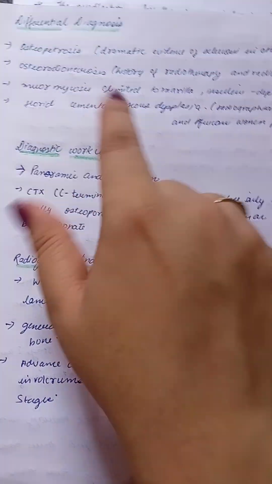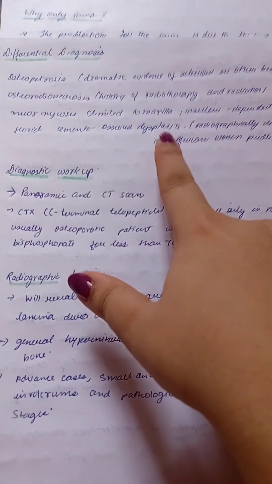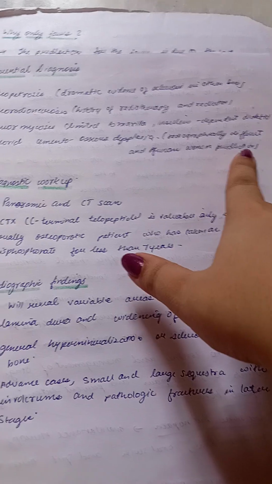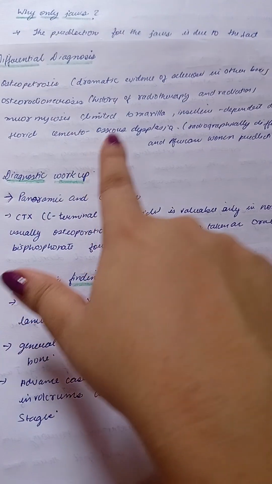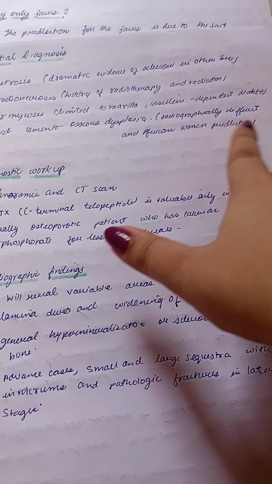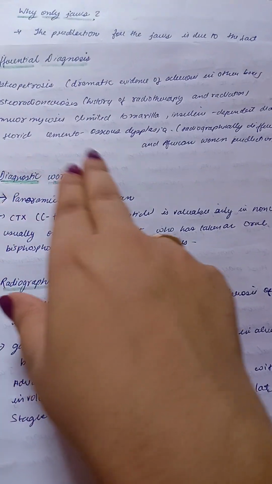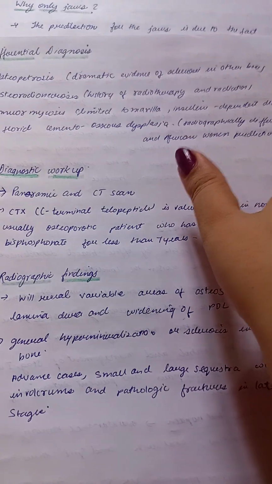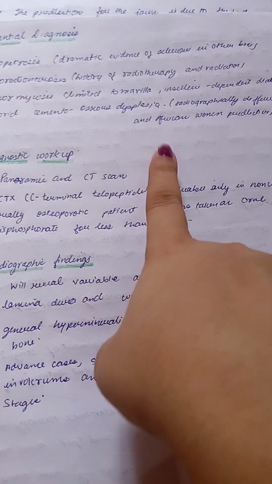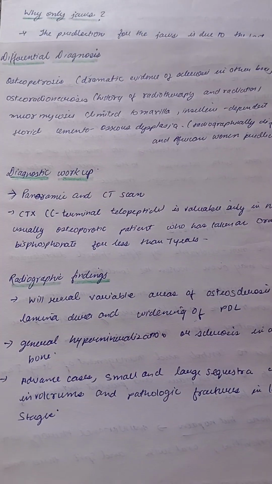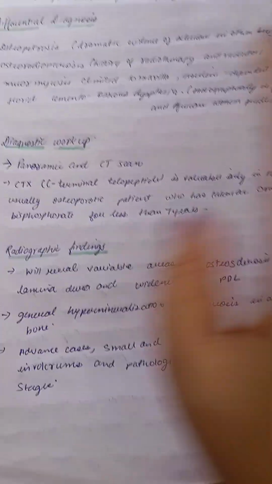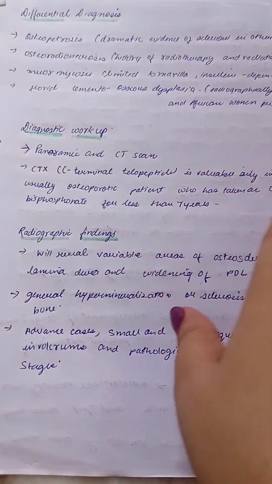By this. Okay, mucormycosis is limited to maxilla and insulin dependent diabetes. Now, florid cemento osseous dysplasia, radiographically different and African women predilection. We have seen that florid cemento osseous dysplasia is mostly seen in African women. Okay. And sometimes osteomyelitis is also a differential diagnosis for this.